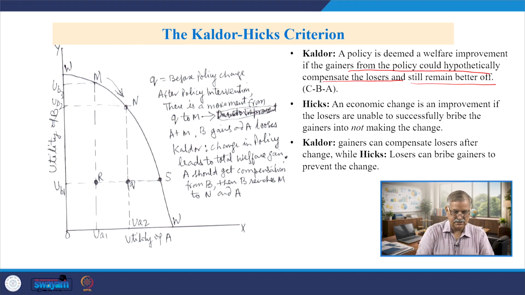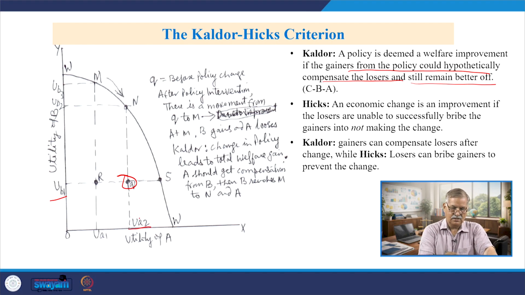These things can be explained by this utility possibility frontier or curve WW, and we can start from the initial point Q. Q is before any intervention, and at point Q the utility of B is UB1 and the utility of A is UA2.